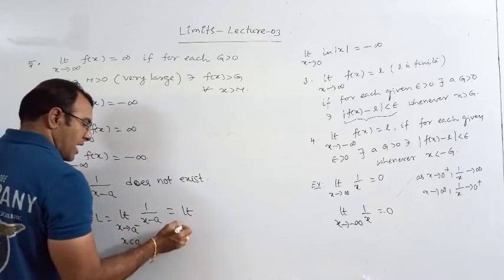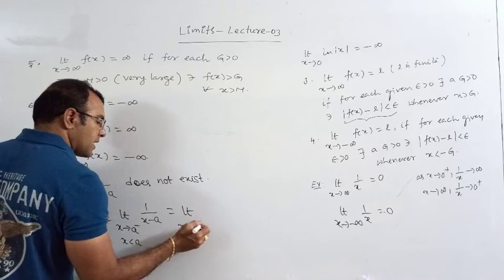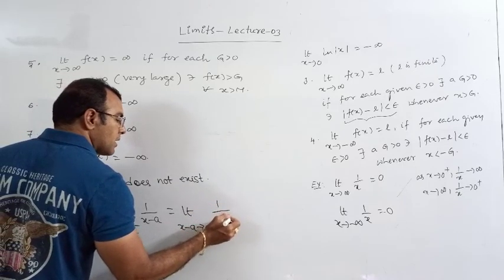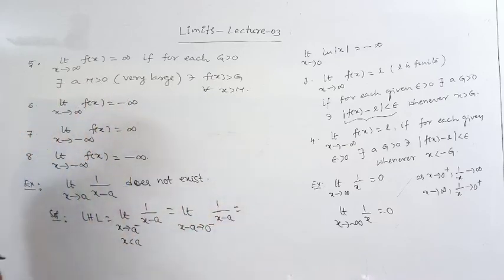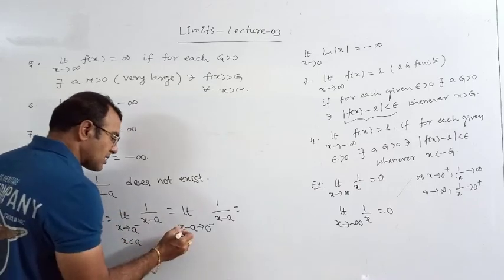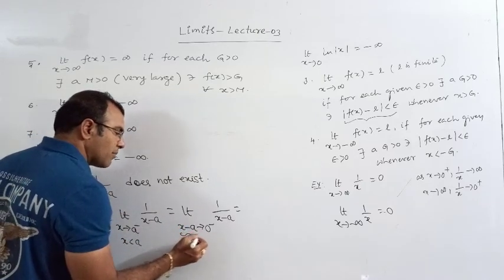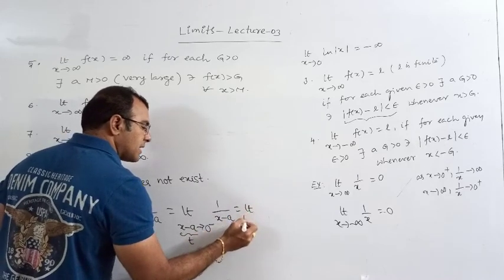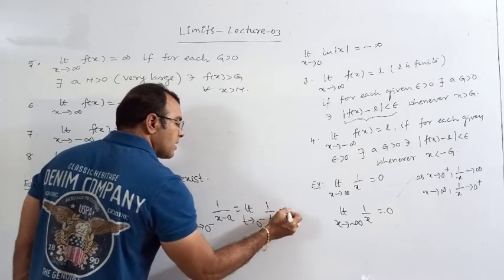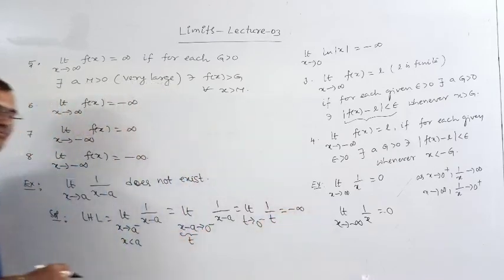So I can write that x minus a tends to 0 minus, 1 by x minus a. Right? So you can assume this as some y or some t. I can write limit t tends to 0 minus, 1 by t. Remember, this is minus infinity.